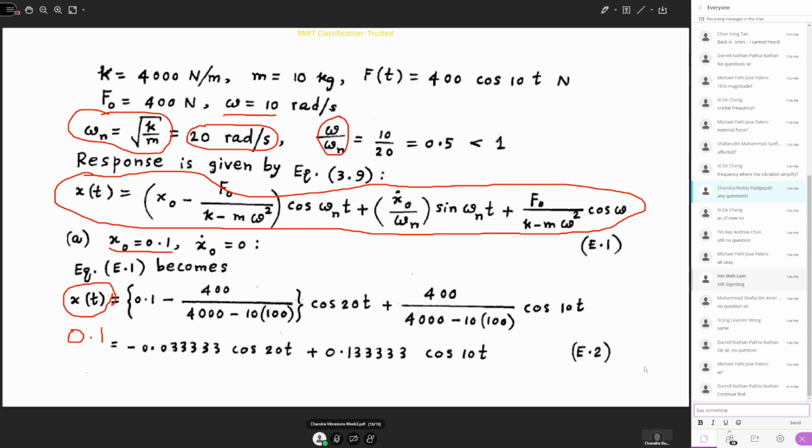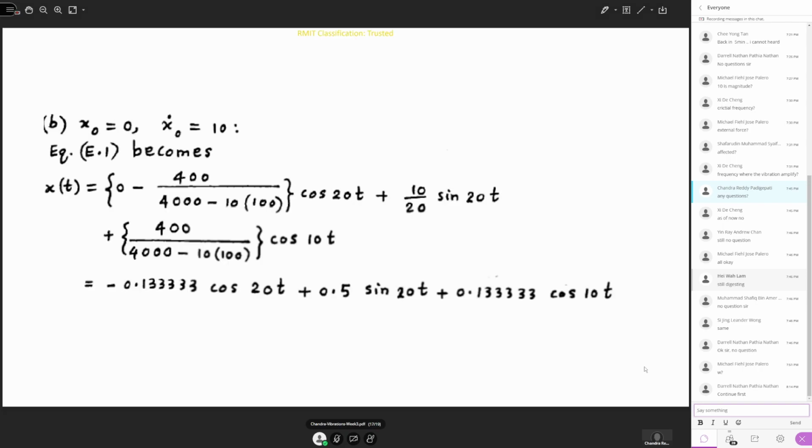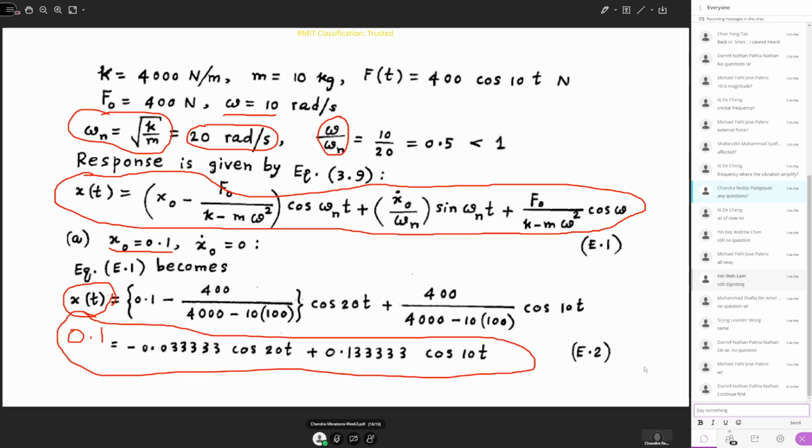So once you do this, I think you will get the displacement as, the response is just shown like this. So this is the response. So you just calculate putting t equal to 0, all those values.